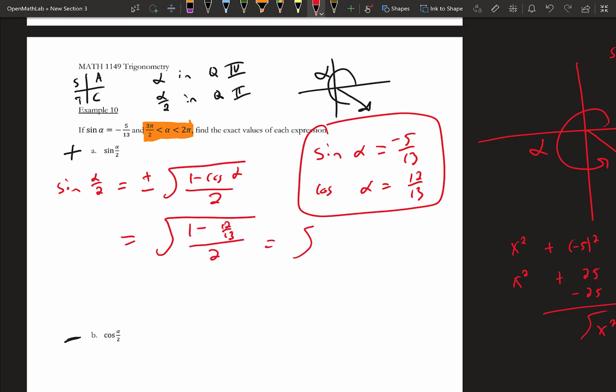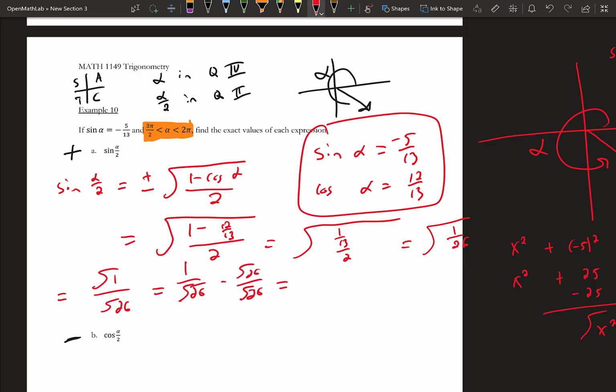This equals the square root of 1/13 divided by 2, which is the square root of 1/26, which equals 1 over radical 26. We can rationalize the denominator and get radical 26 all over 26 as a final answer.